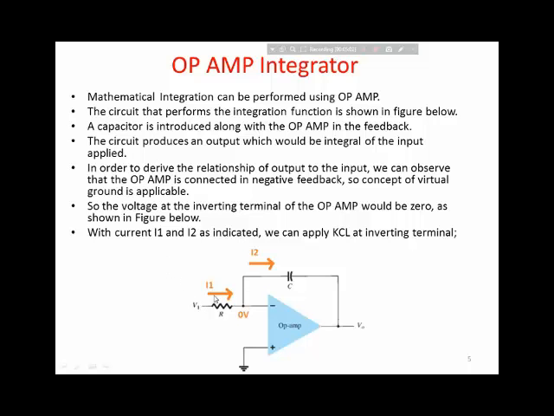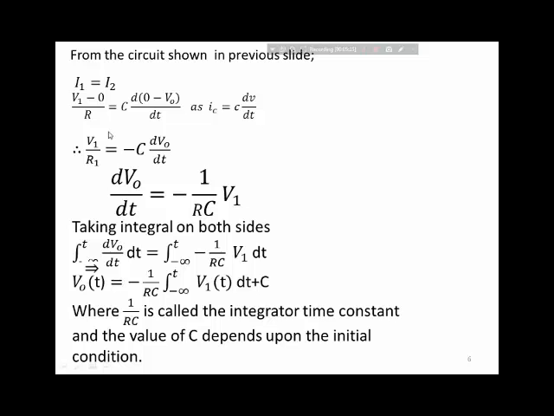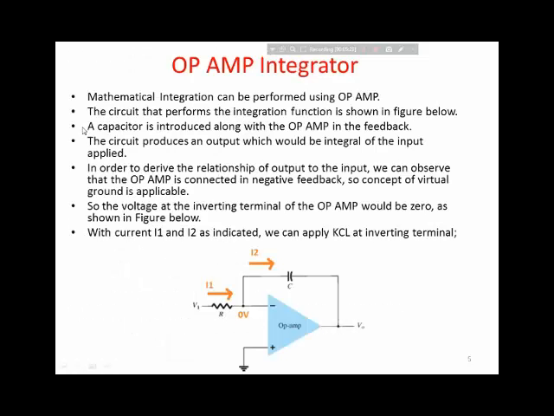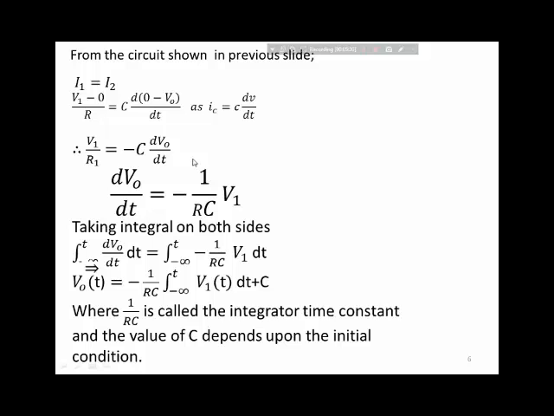With I1 and I2 defined at this node, I1 is entering this node and I2 is leaving that node. With KCL, I1 would be equal to I2, where I1 is equal to (V1 minus 0) over R, and I2 is flowing into the capacitance.